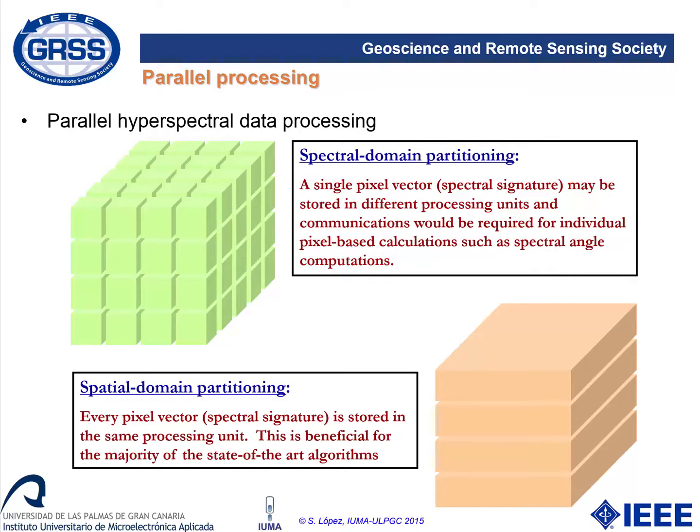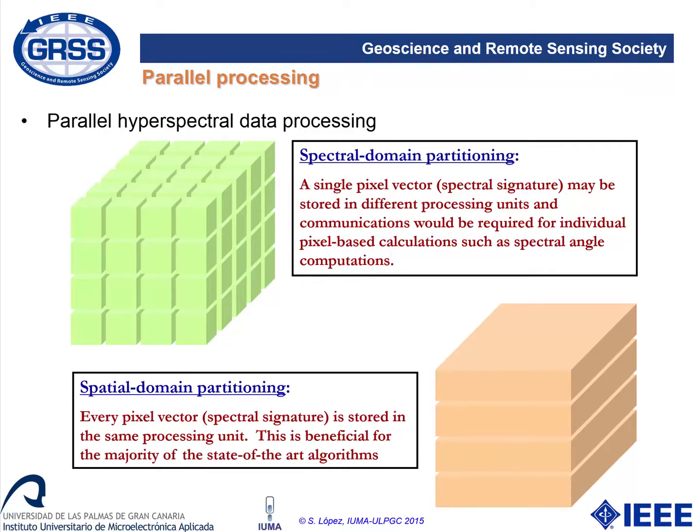So each processing unit makes the computations related with only these bands, only these wavelengths, and then they communicate in order to give us the result of much more complex computations, like the spectral angle, for example.